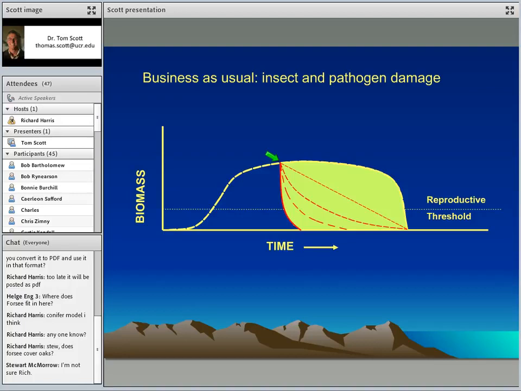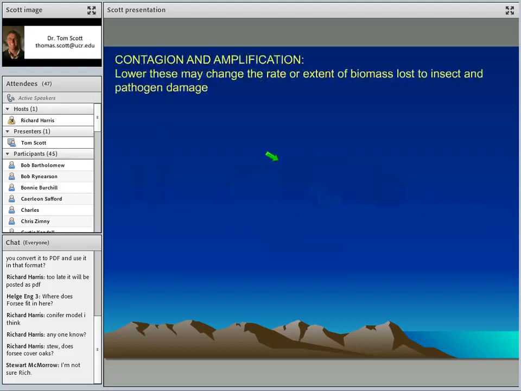We don't really have a sense of what our business as usual model is, because we don't really know dead carbon in the environment for oaks. And there are other things that happen as well. People tend to remove trees if they're close to structures. There are fuel breaks, there's fire hazard reduction. So there are a lot of unknowns about this.